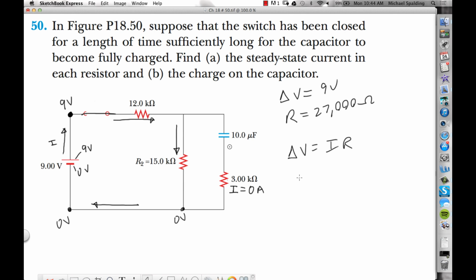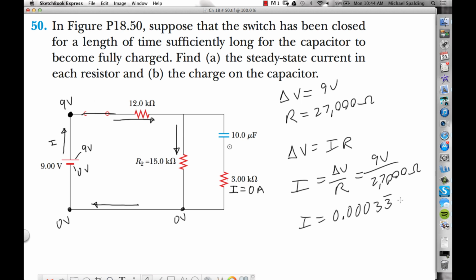So to find the current, we use Ohm's law. Delta V equals IR. So I is delta V over R. So that's going to be 9 volts over 27,000 ohms, which gives us a current of 0.0003 repeating amps. And if you want to be cool, you could just call that 0.3 milliamps.